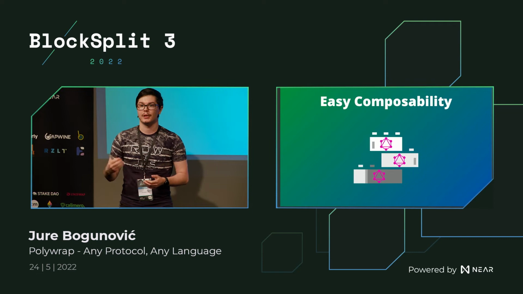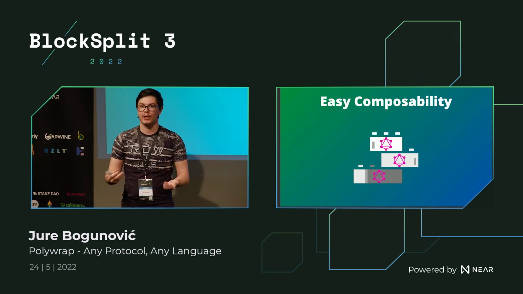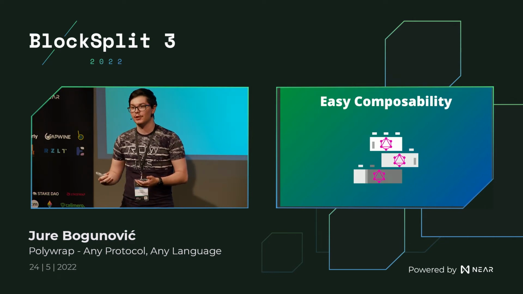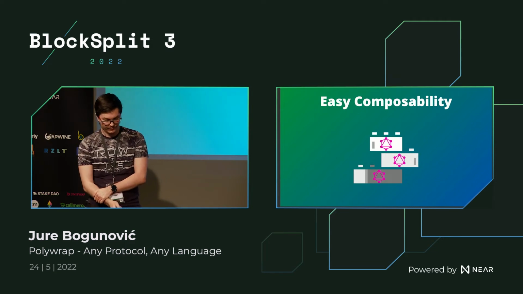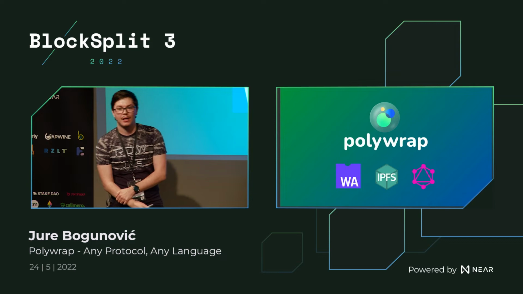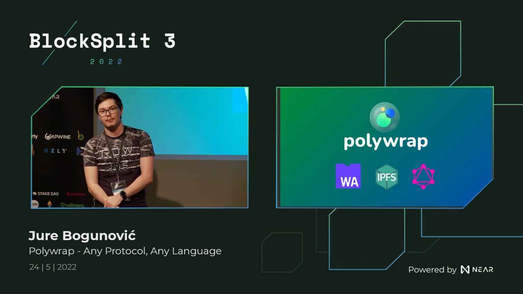Maybe that wrapper is an AMM, for example, and then you can create any amount of actual wrappers that are implementations of different AMMs that all have the same interface. So these are the three pillars that Polywrap is built on: WebAssembly, decentralized storage, and GraphQL as the schema definition language.